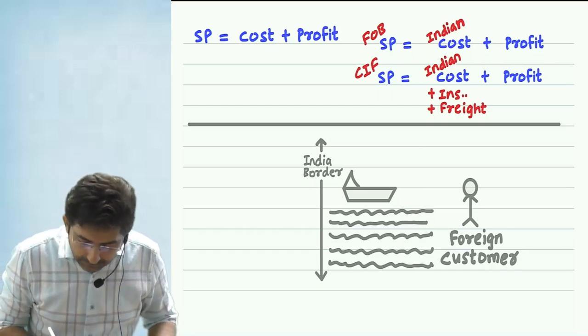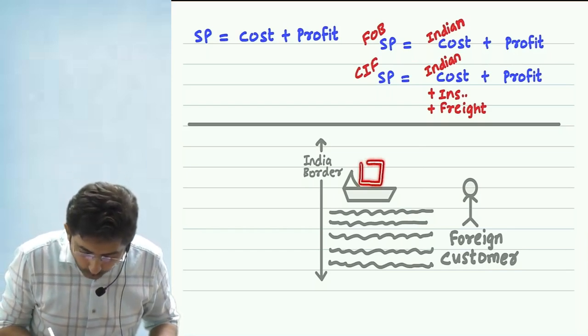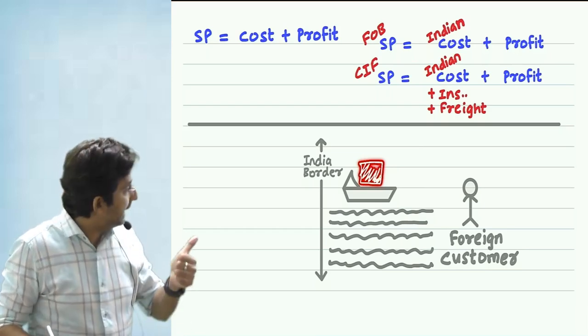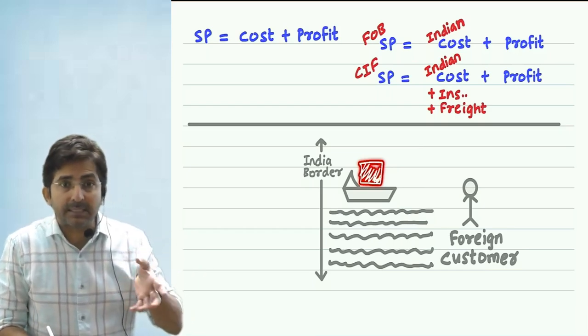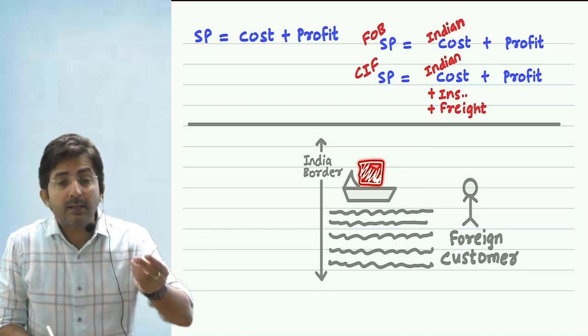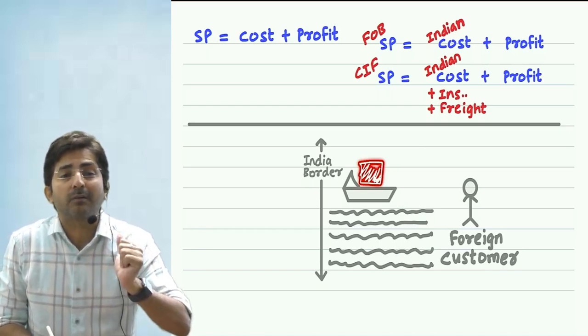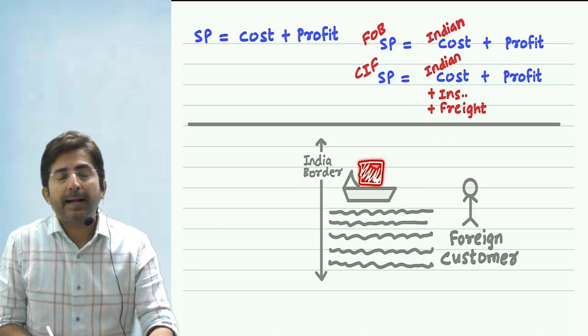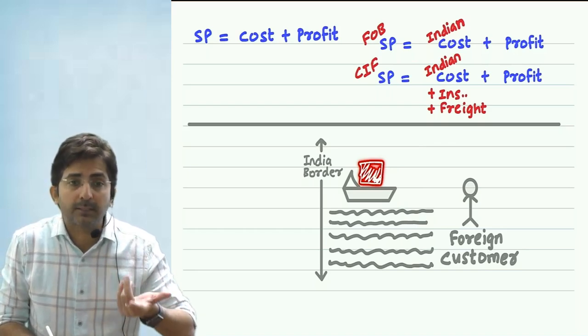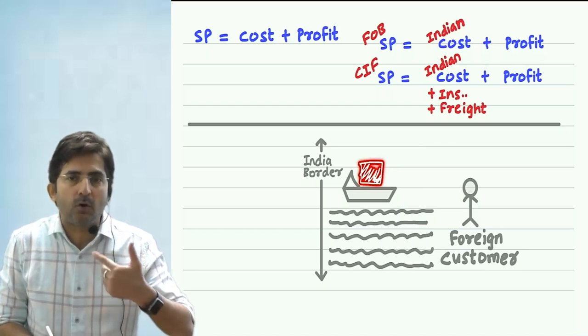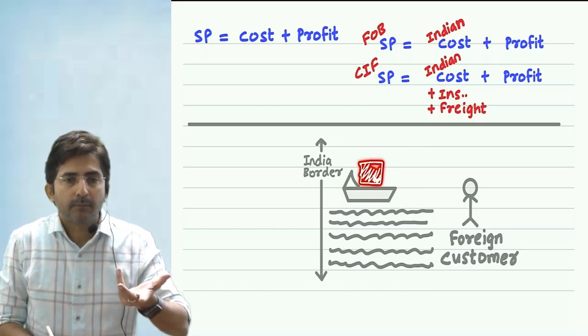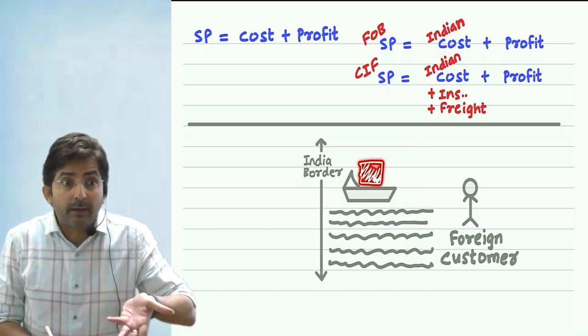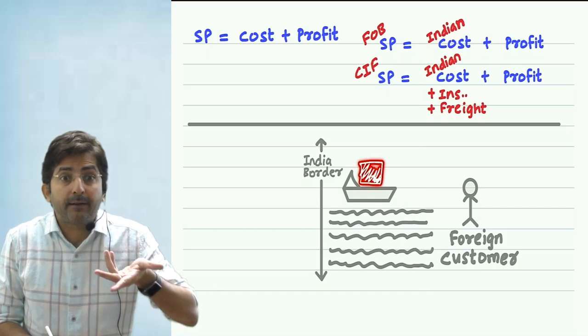You know what the further costs possible in this example are? Imagine this is the consignment which I am exporting, and I have kept it on the ship, so my consignment is boarded. And once I board, I will be free, which means I will not incur further expense. Can you imagine what expenses are possible now? The cost of the ship only, which is called freight.